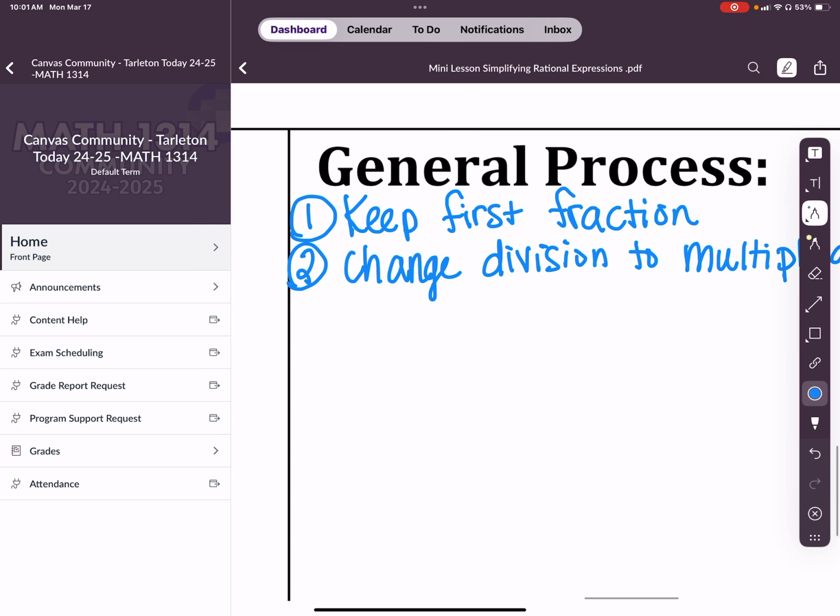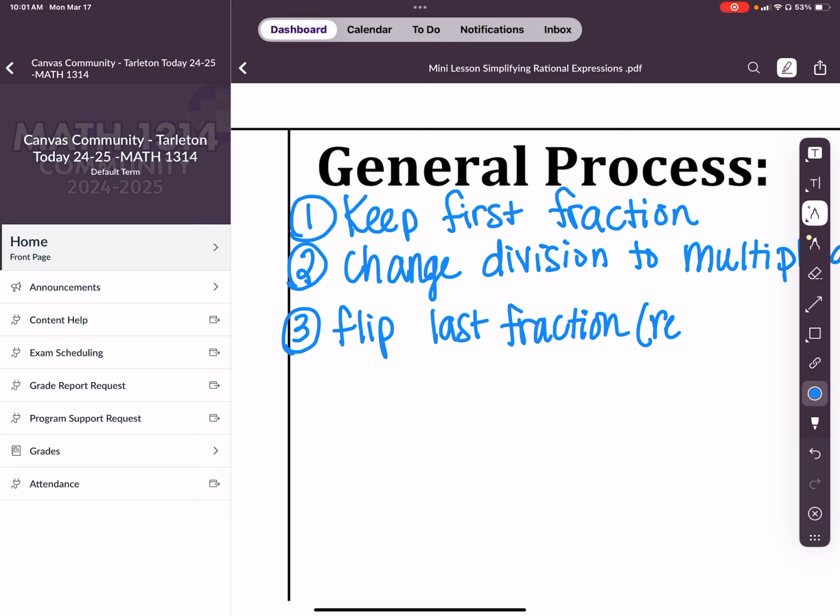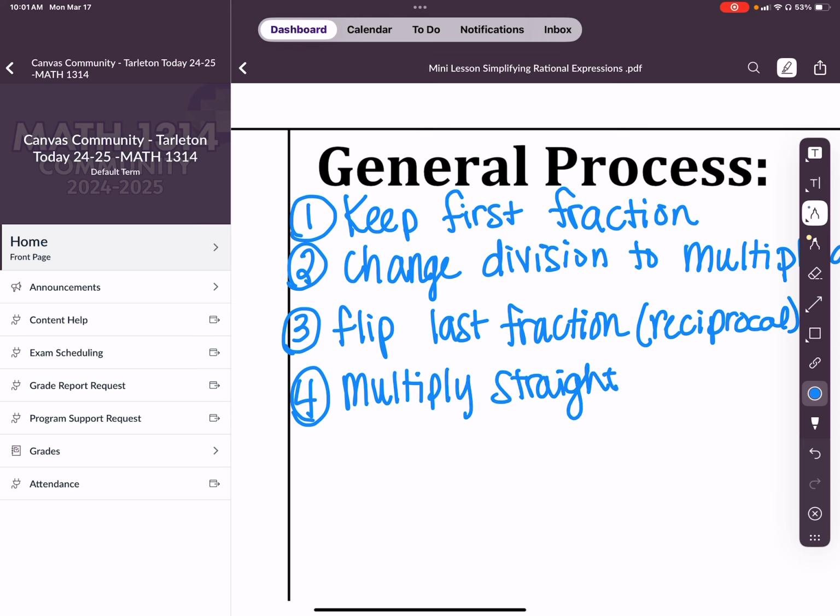Third step is to flip the last fraction. So think about reciprocal. Fourth, multiply straight across. And then fifth is going to be simplify if possible.